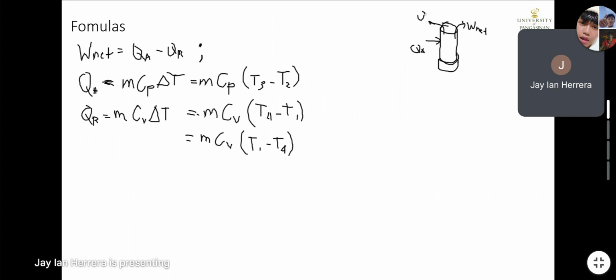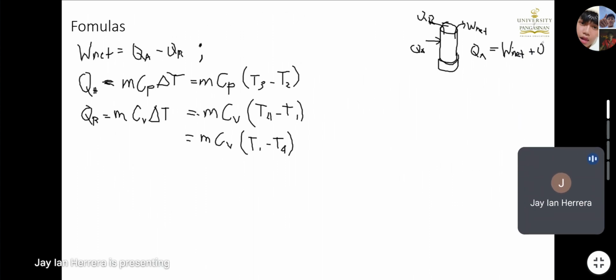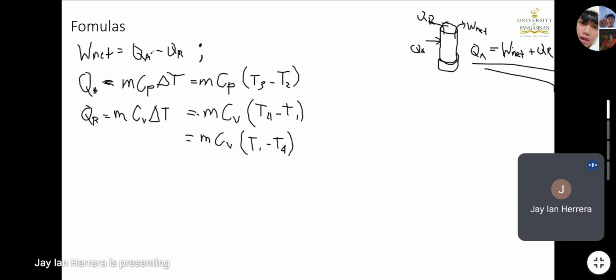Ayan, palabas ng dalawang yan. So technically, ang energy in lang natin is QA. Then our energy out are worknet plus QR. Yan yung mga palabas na energies. Kaya dito galing yung worknet is equivalent to QA minus QR. So parang transpose lang natin si QR into the left hand side.